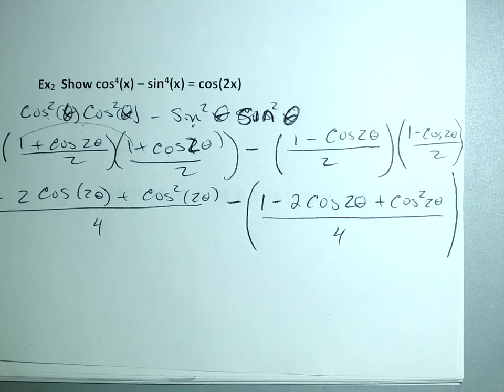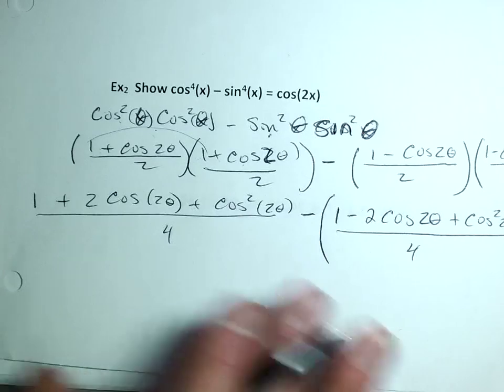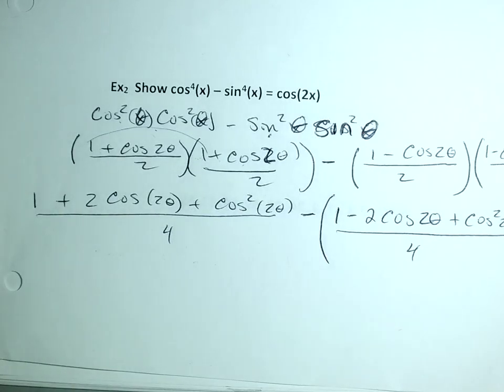Okay, they basically have a common denominator, right? So we can actually subtract them or add them. If I make this negative come through, I've got 1 minus 1, right? Nothing. So the ones will be gone. 1 minus 1, gone.